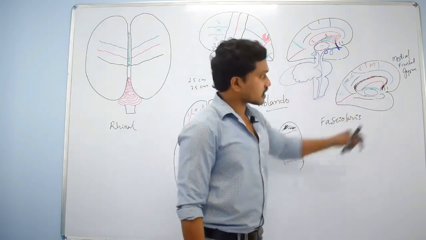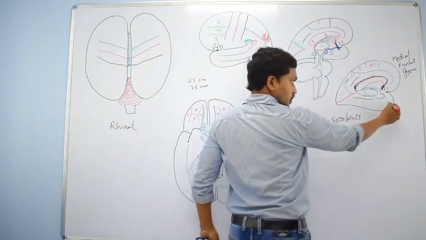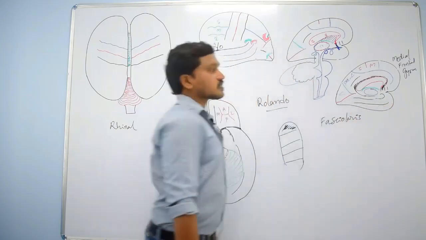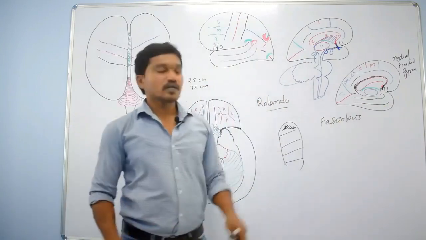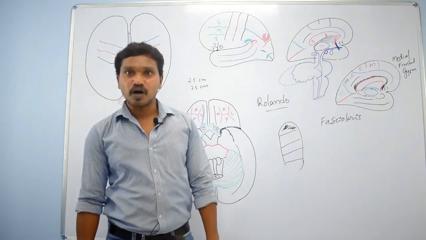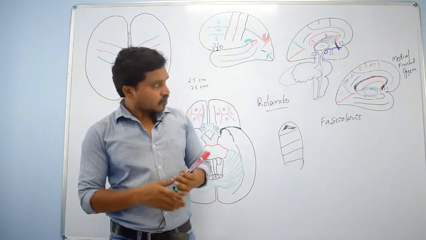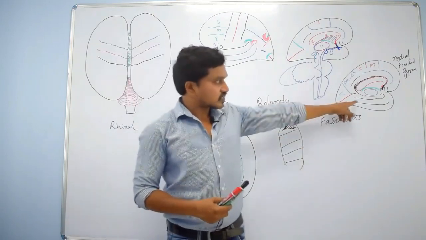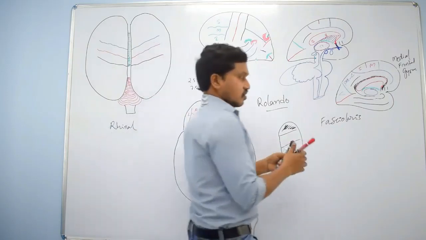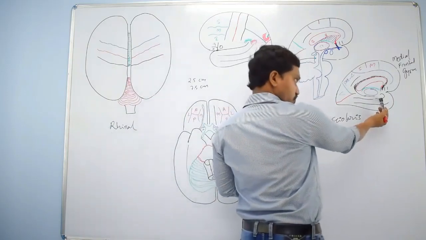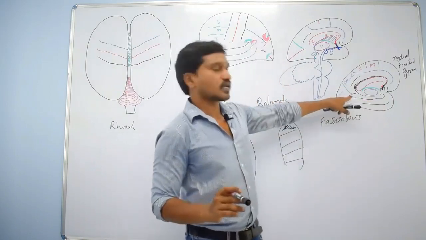Then one more sulcus extends from the temporal pole to the occipital pole, like this. This sulcus we call the temporo-occipital sulcus. Now in the tentorial surface, the rhinal sulcus and, posterior to it, the collateral sulcus are continuous, so we can consider only one sulcus.